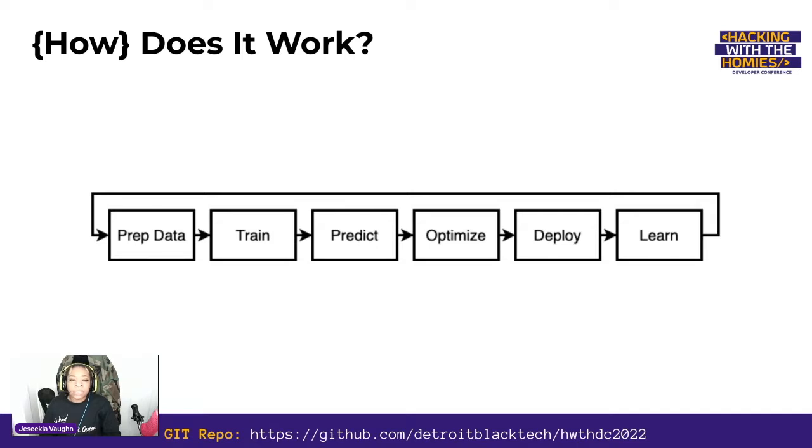I want to make sure all the data in one column is the same type. I want to make sure I don't have rows that have missing columns, especially if those columns are important to the training process. So there's a lot of care and thought that goes into preparing your data.